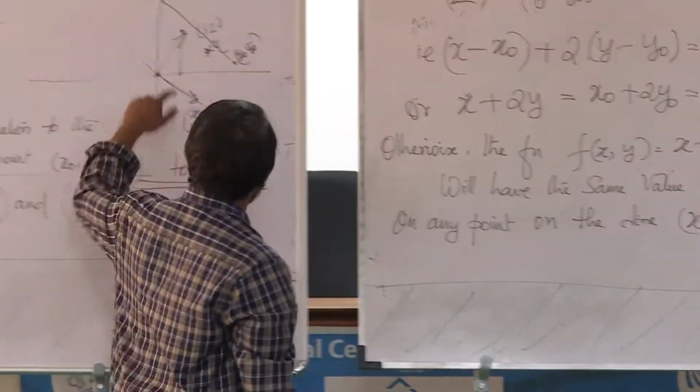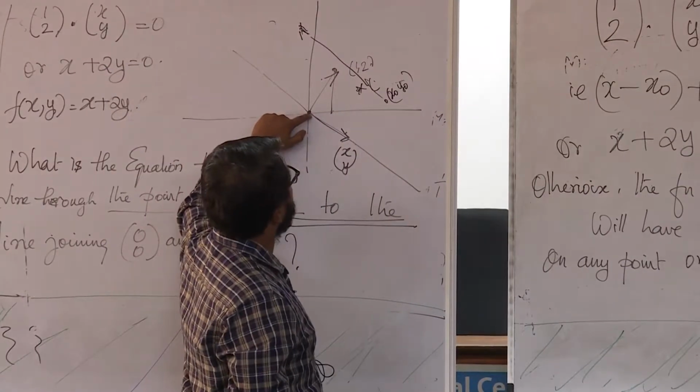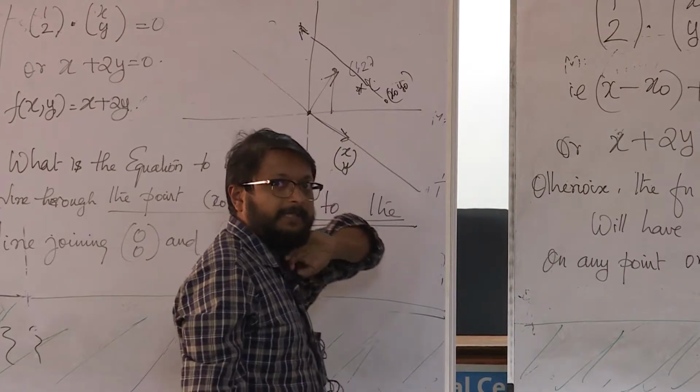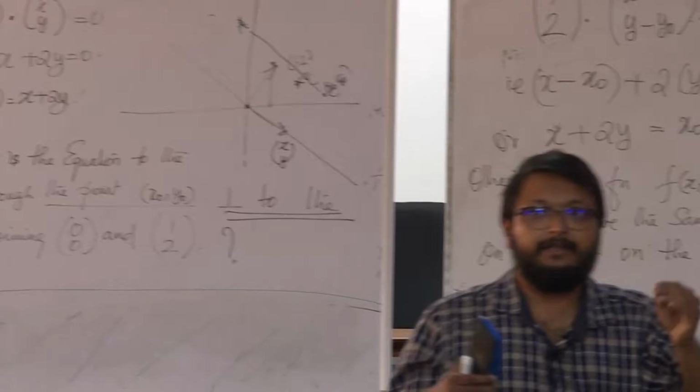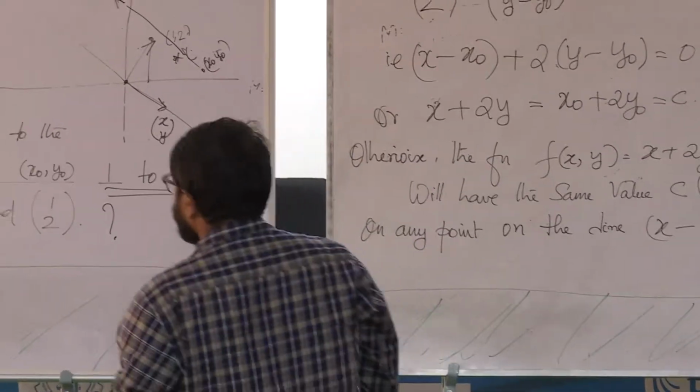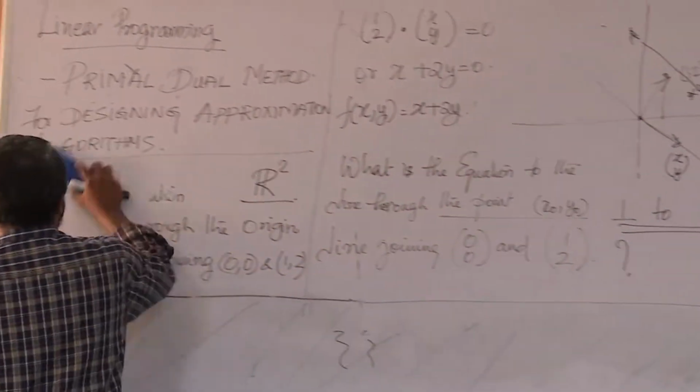Now, if you take 2 points, let us try to derive a criteria. When are 2 points having, let us ask this question, write down the question.